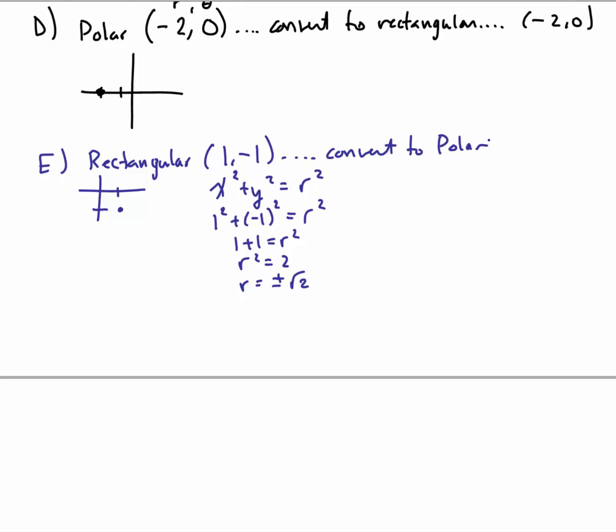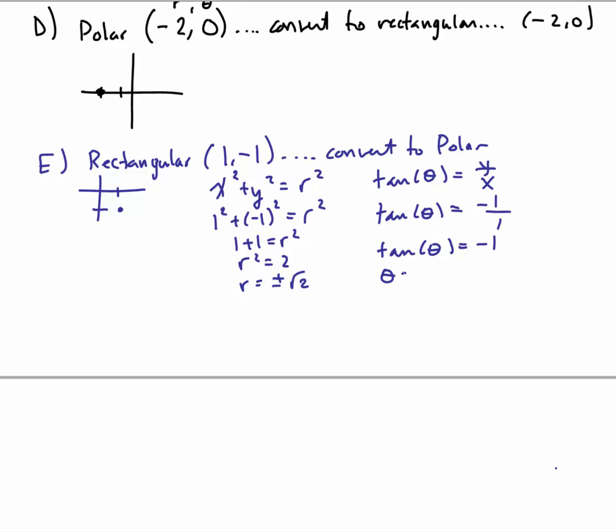Okay, so next thing I will do, I'm going to look at the tangent of theta is equal to y over x. Now y in this case is negative 1, x is 1, so I get tangent of theta is negative 1.